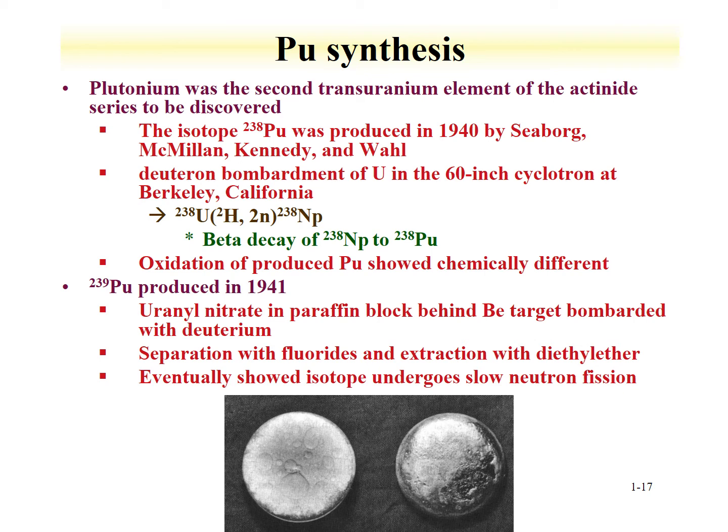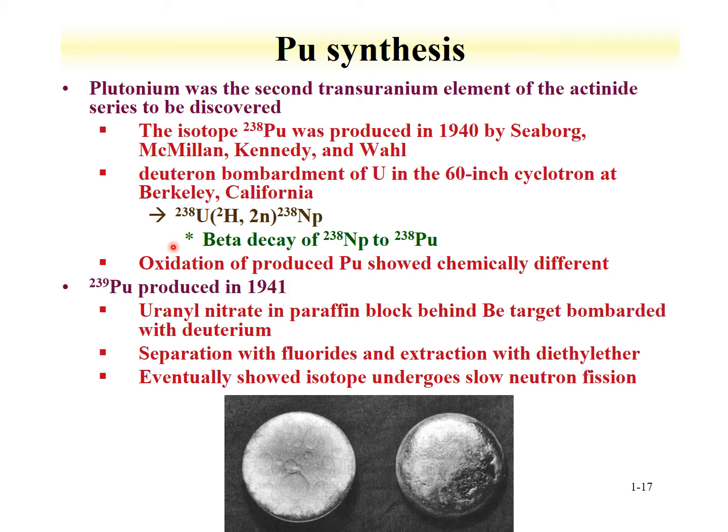They were able to use the radioactive decay to identify some of the properties, the alpha decay energy, get an idea of the half-life of this isotope. Eventually, in 1941, plutonium-239 was produced, where uranyl nitrate in a wax was behind a beryllium target that was bombarded with deuterium, so a lot of neutrons. The paraffin block would thermalize, would slow down those neutrons.